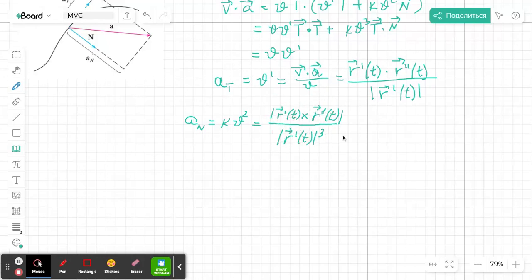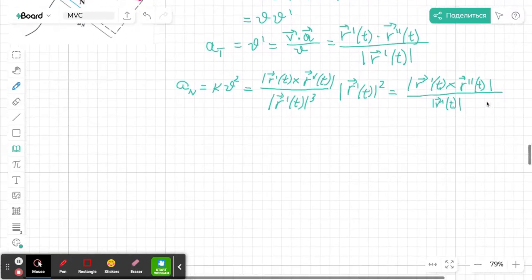Those are vectors. And we're multiplying by the magnitude of r prime of t squared, that's our epsilon squared. So once we simplify this, we get simply the magnitude of r prime of t cross r double prime of t, all over the magnitude of r prime of t, like this.